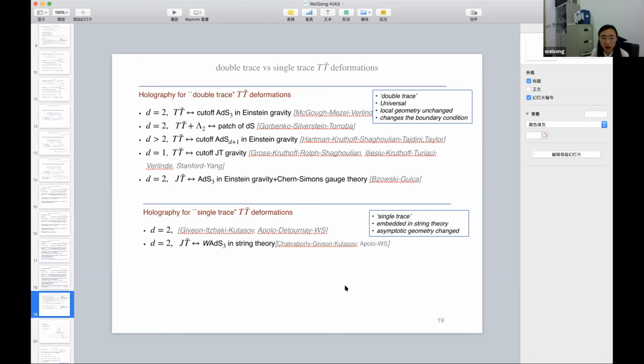For single trace, it is slightly less universal than the double trace deformation. We have to embed it into string theory. But a main feature of the single trace deformation is that it changes the asymptotic geometry. This is very different from the double trace deformation. In that case, the bulk geometry is still AdS. You just impose a different boundary condition.